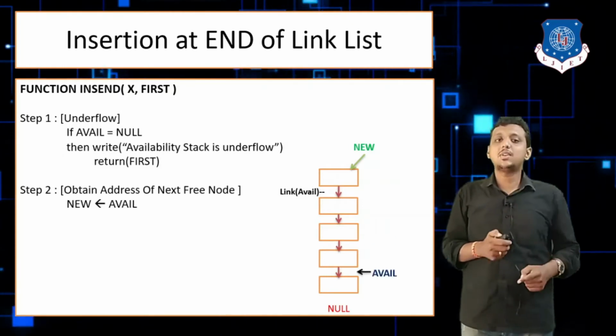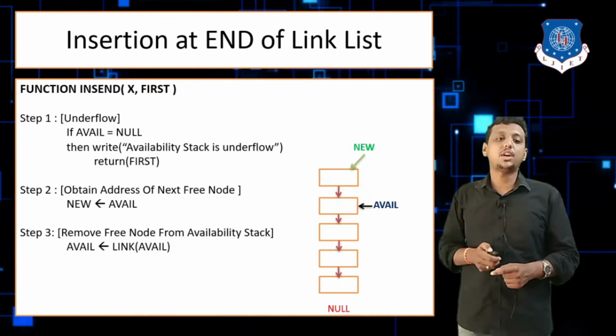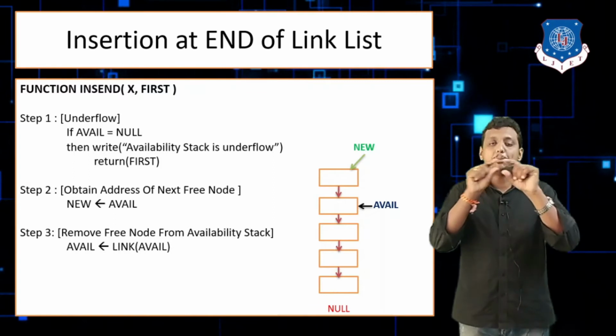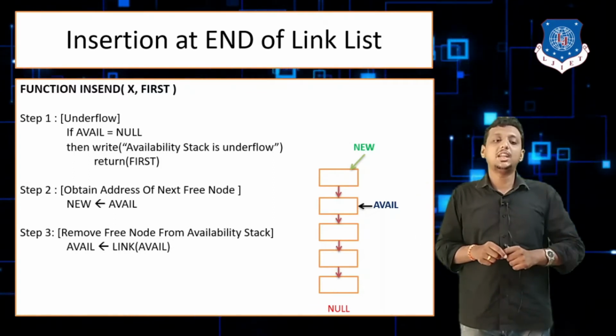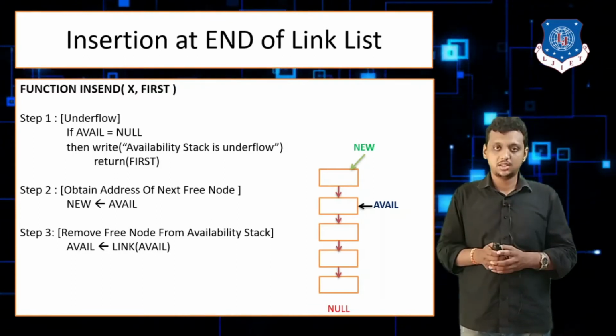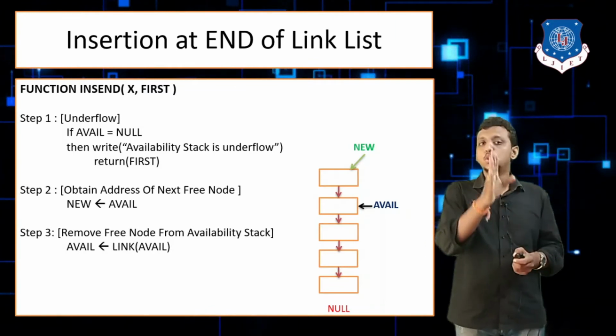That's why step number 3 is avail to link of avail, and we write a statement in step 3: remove free node from the availability stack. So students, right now you have your new node.